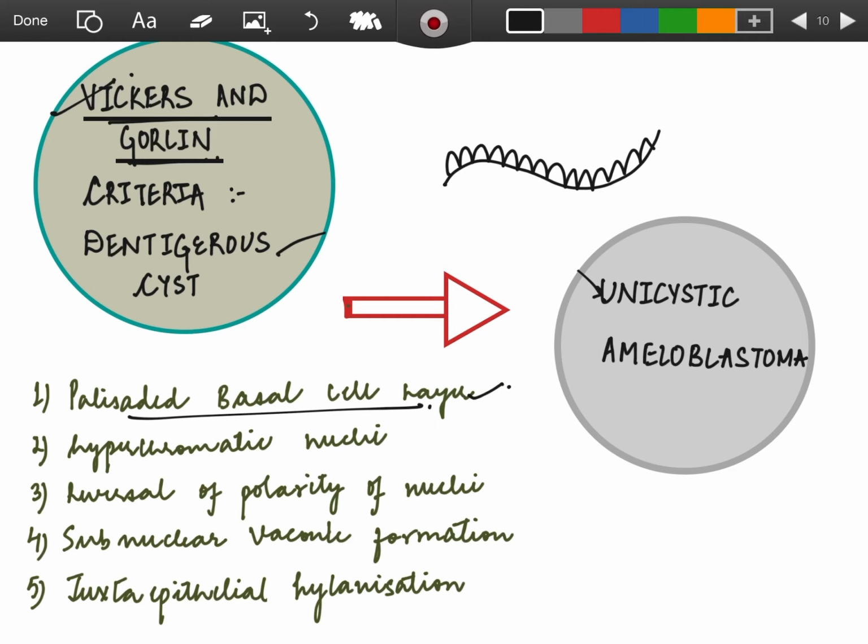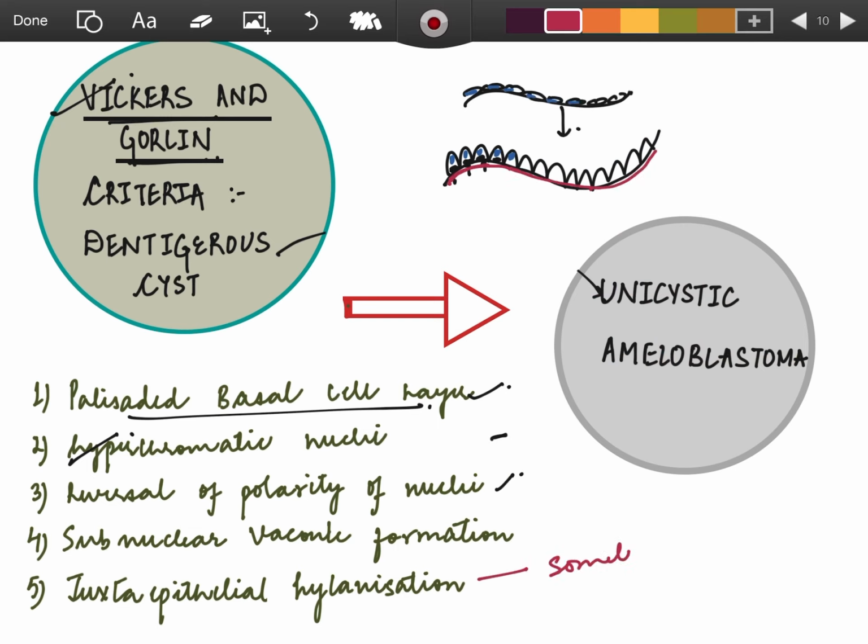The basal layer of the dentigerous cyst has a palisaded basal cell layer, hyperchromatic nuclei, and reversal of polarity of nuclei. Nuclei are basically present along the basement membrane side, but when they are on the opposite side, we call it reversal of polarity of nuclei. There is also formation of vacuoles below the nucleus, and juxta-epithelial hyalinization, which is seen sometimes, we don't include in this criteria.